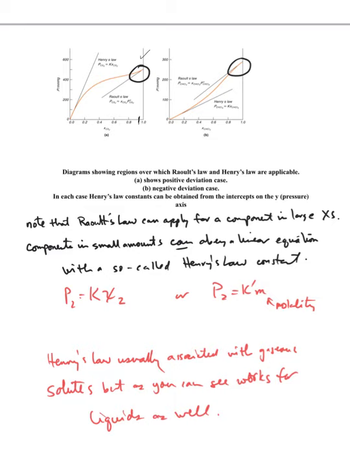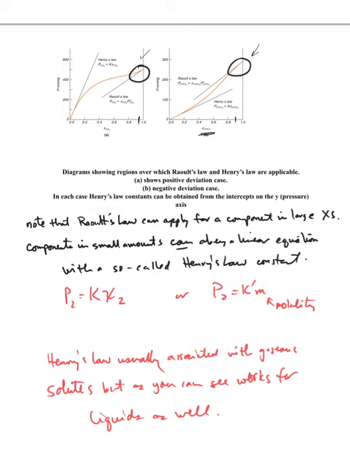And so you could use Raoult's law if the acetone was only a small contributing solute. Similarly, over here, where we had chloroform with acetone, notice that for the range of about 0.9 mole fraction and above for the chloroform, you could use Raoult's law. So that would be fine.